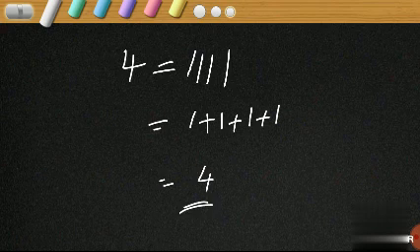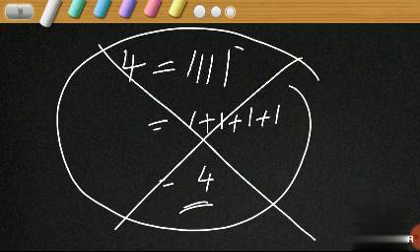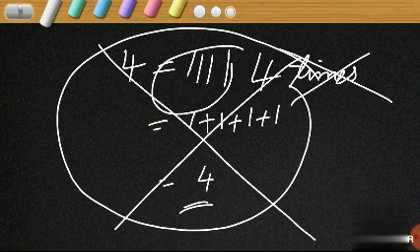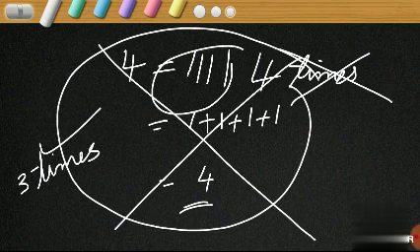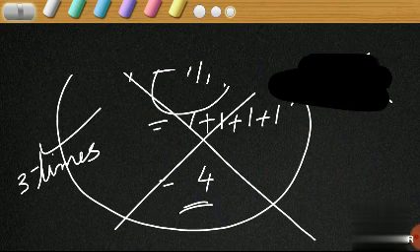Don't write, just listen. No, we can't. This is also wrong. Why? Here we have repeated 4 times, but that is not possible. The letters can be repeated only 3 times. Is it clear? Okay.